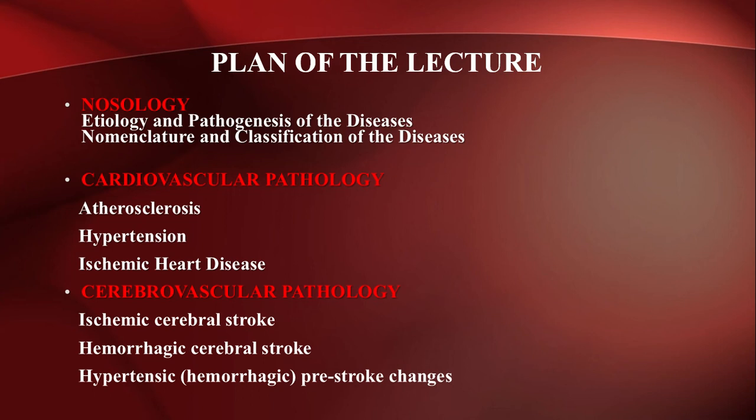Cardiovascular pathology, about arteriosclerosis, hypertension, and ischemic heart disease we will be discussing. And finally, the cerebrovascular pathology, that includes the ischemic cerebral stroke, hemorrhagic cerebral stroke, and hypertensive hemorrhagic pre-stroke change.